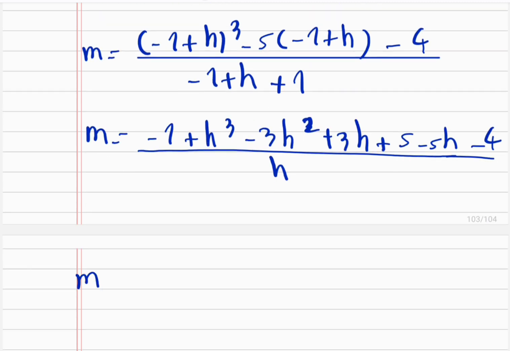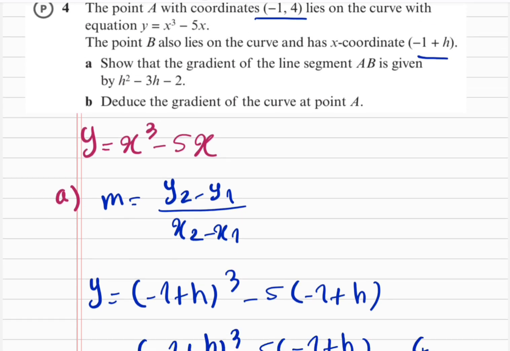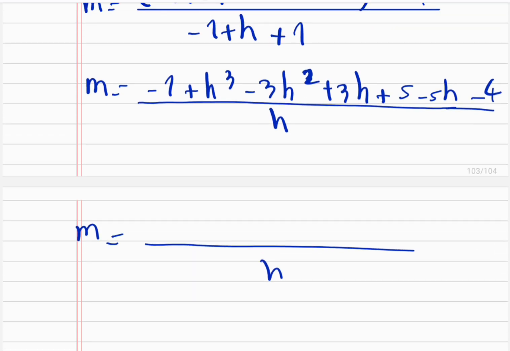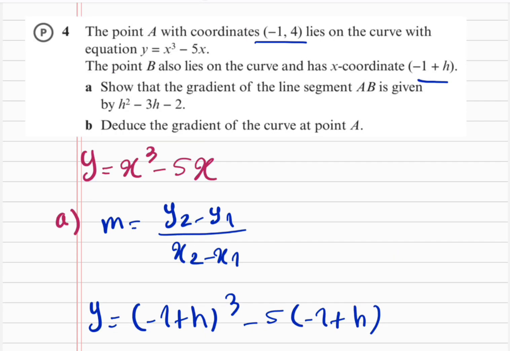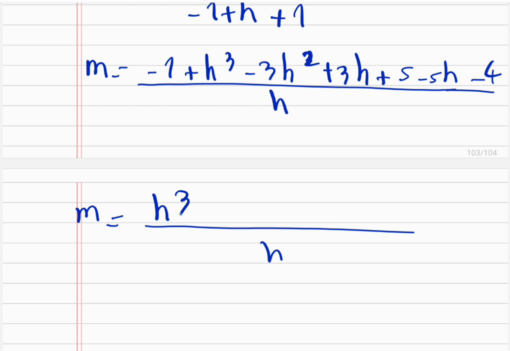Right. So now it's all about simplifying, because remember that we wanted to show that the gradient is equal to h squared - 3h - 2. So we have this h cubed term which can't be simplified for now, and same with -3h squared.